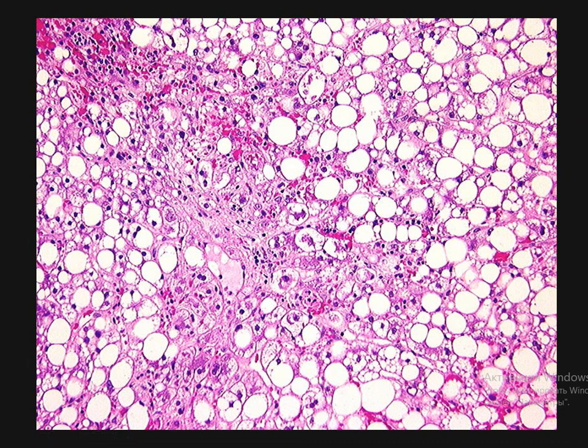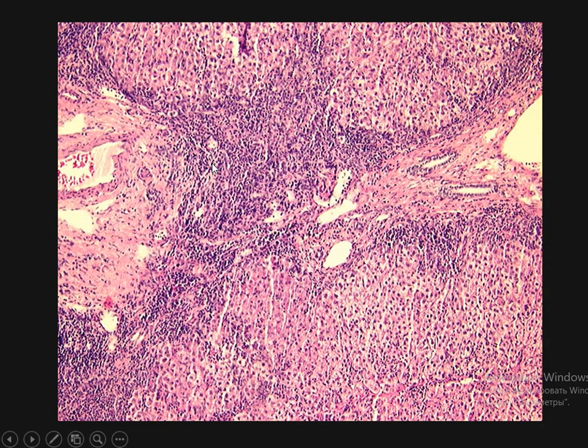So here we see severe fatty degeneration of hepatocytes with hydropic dystrophy of some of them, with inflammatory infiltration in the portal tracts and some congestion and hemorrhages in the portal tract.